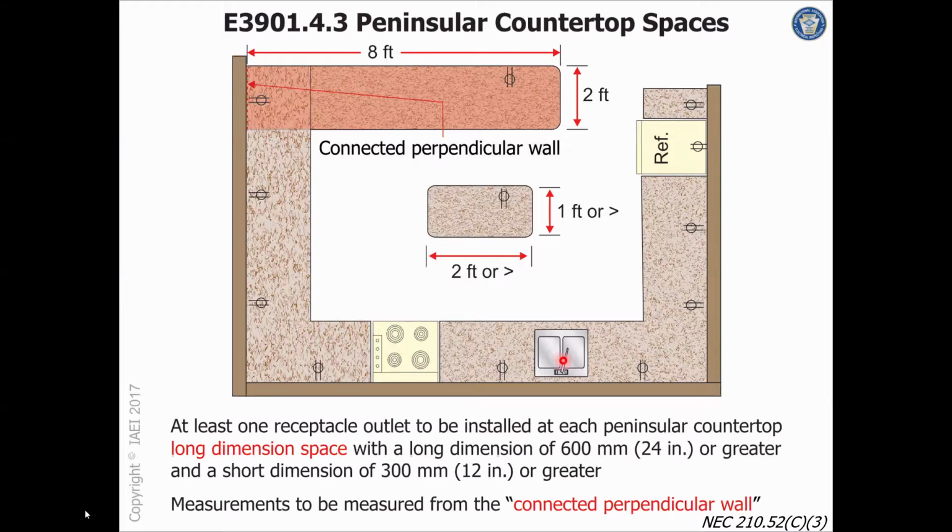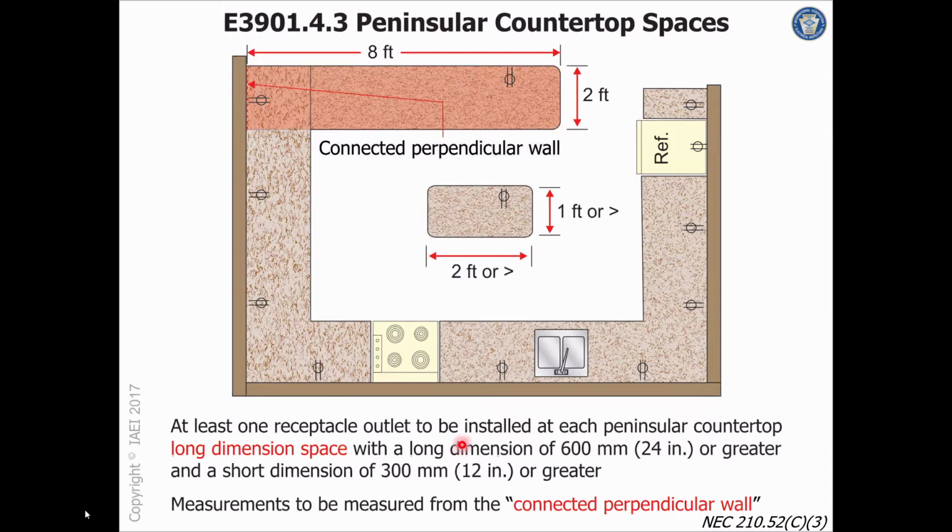But notice what it talks about in code language. This isn't my language, this is code language for the peninsula, where it says at least one receptacle outlet, if we meet those measurement requirements, is to be installed at each peninsula countertop long dimension space, where again we're greater than 24, greater than 12.